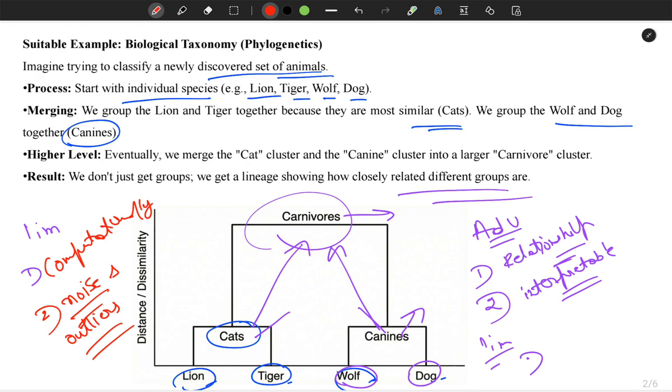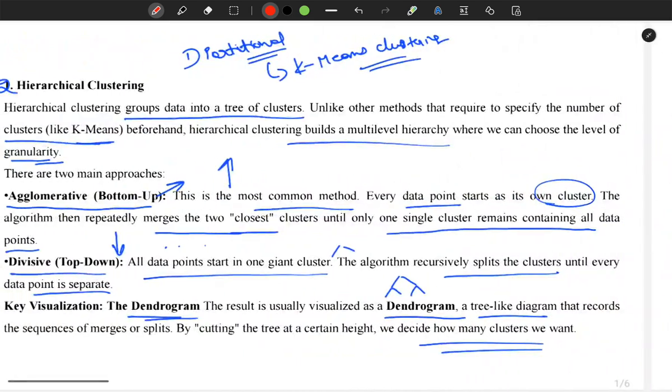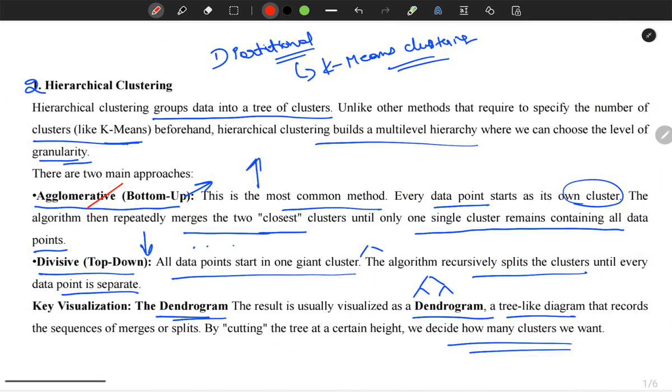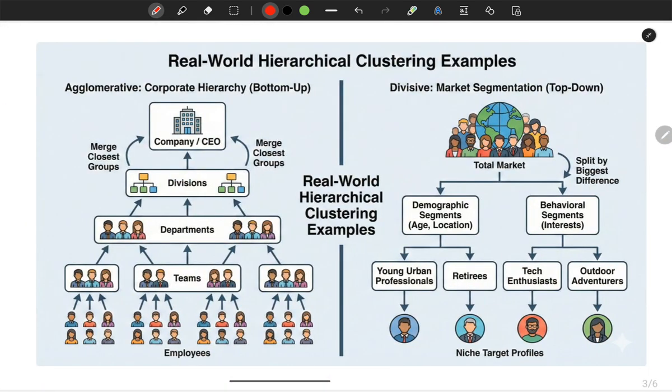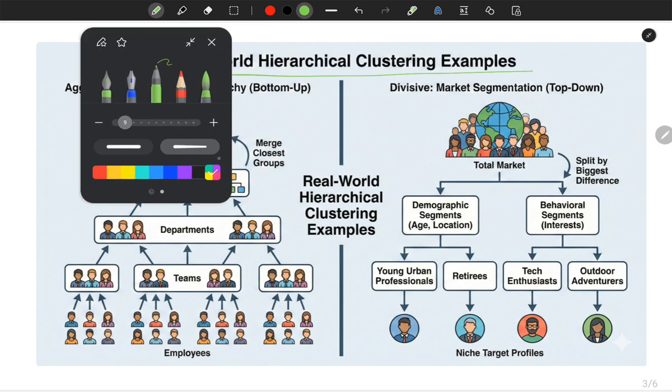As I mentioned earlier, we have these two types: the agglomerative, the bottom-up approach, and the top-down approach. That becomes clearer if I discuss it with an example. What is considered here is a real-world clustering example.